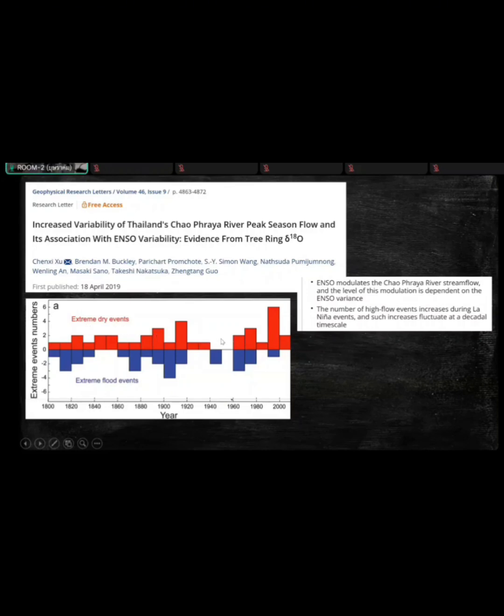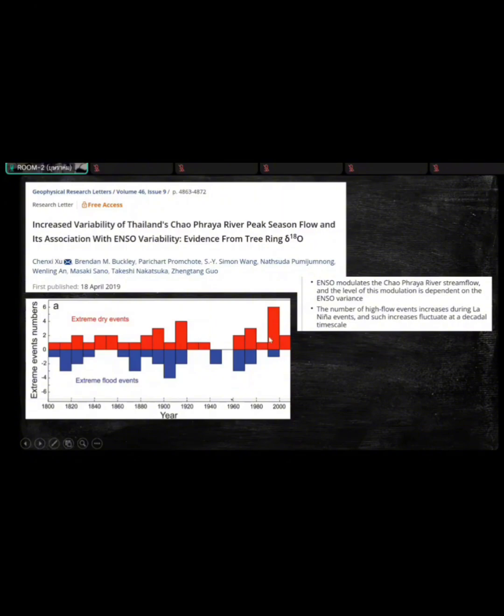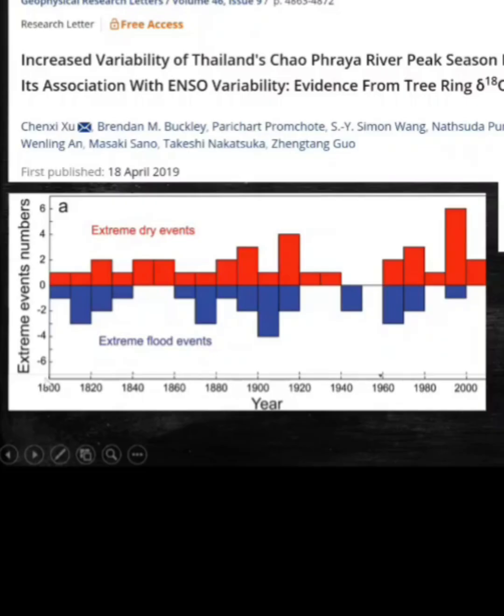I understand that in 2011, the Chao Phraya River floods caused a lot of national disaster and damage. And Adanoy was the first to publish a climate diagnostic study about that event. This analysis shows that such an event might reduce, because you can see extreme flood events after the 1960s have a trend of decreasing into more drought.